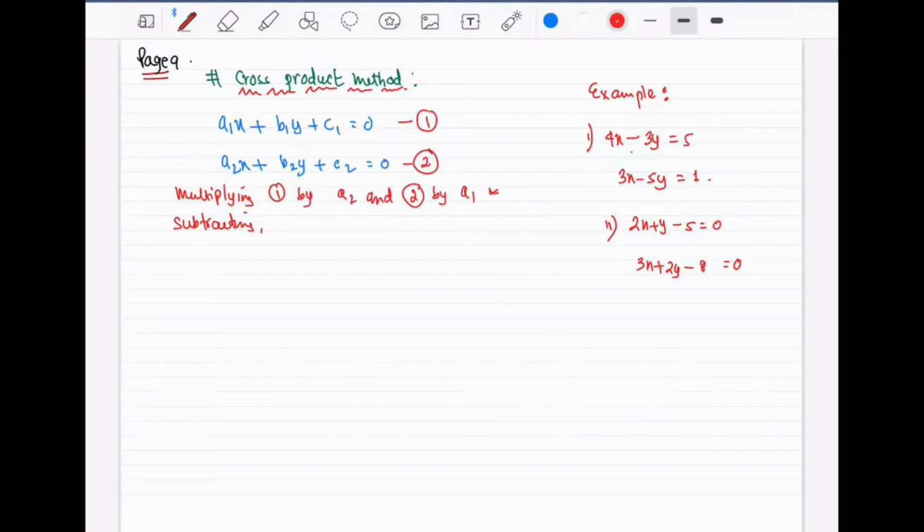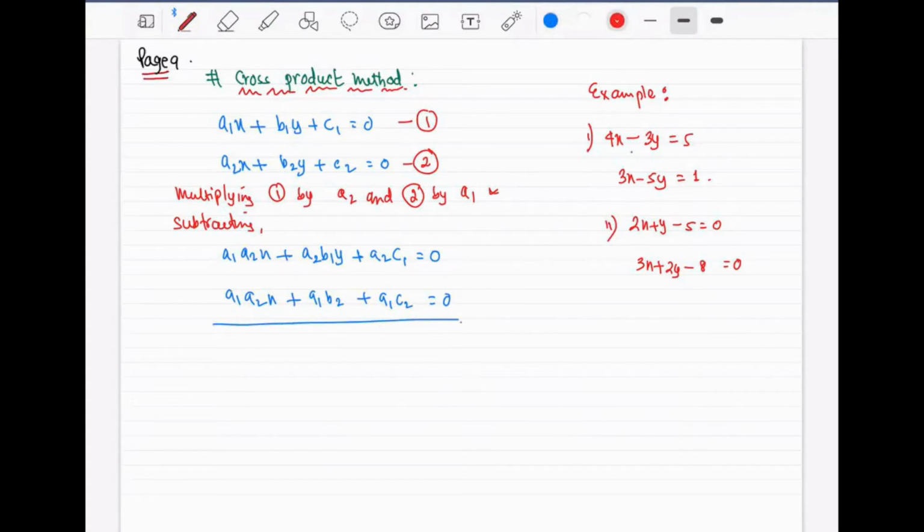If I multiply equation 1 by a2, the result will look like this: a1 a2 x plus a2 b1 y plus a2 c1 is equal to 0. We're multiplying the second equation by a1, so we get a1 a2 x plus a1 b2 y plus a1 c2 is equal to 0.